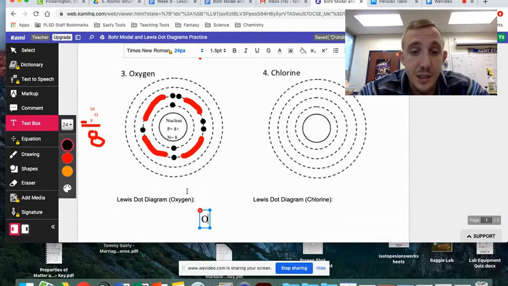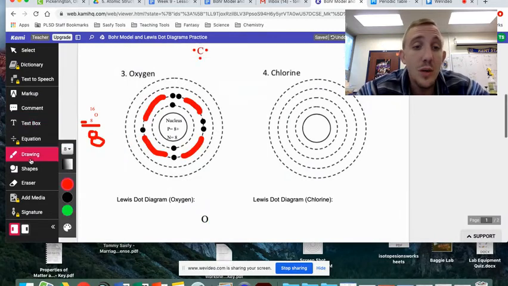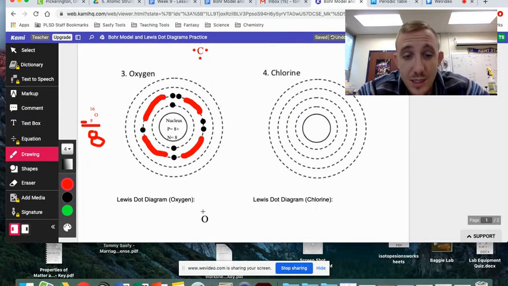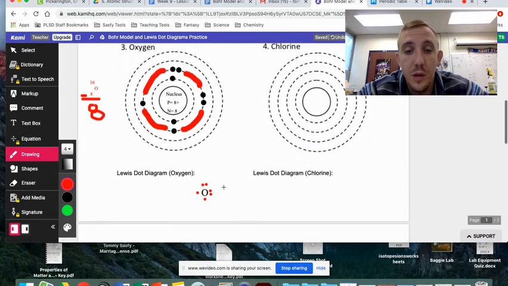In this case, it's oxygen. And then I draw, using the stroke 4, my outermost shell. So my Lewis dot is going to look like this. I have 2 on each side, and I have 1 on the bottom and 1 on the left. So notice it's resembling exactly what you see.